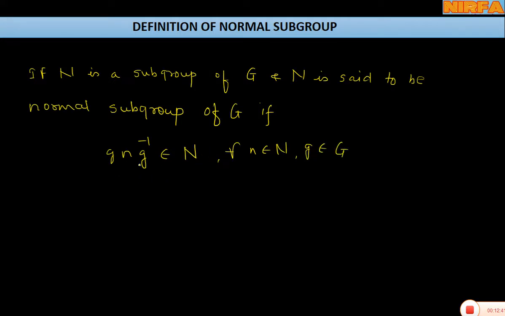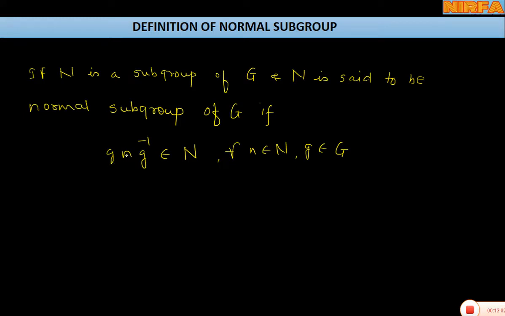The meaning of the definition is, you take any member of group G, which will be denoted by small g. The meaning is not that it is only one member. You can take any member from G and put it on the left.